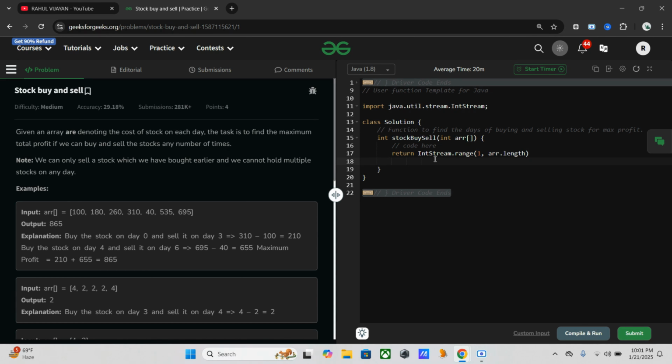Now we have to add the filter, to filter out the days where the price of the stock decreases or stays the same.